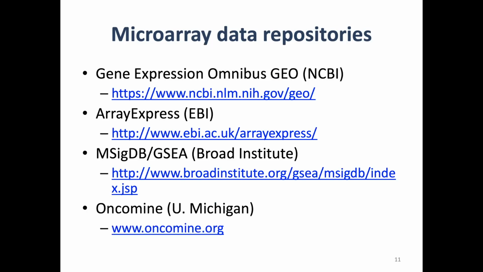And this GSEA is being widely used for pathway enrichment analysis. It's called gene set enrichment analysis. And Oncomine from University of Michigan. So this is also one of the repositories. There are many, many repositories, but this is just a few of them I'm showing here, just to give you a sense of how things are.